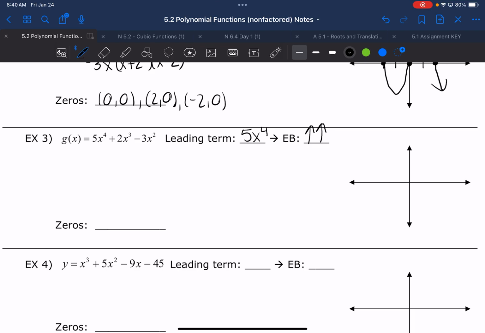What did you guys do when you went to factor number 3? What did we do? Take out x squared. Good. So our greatest common factor this time is x squared. So that leaves us with 5x squared plus 2x minus 3, right?